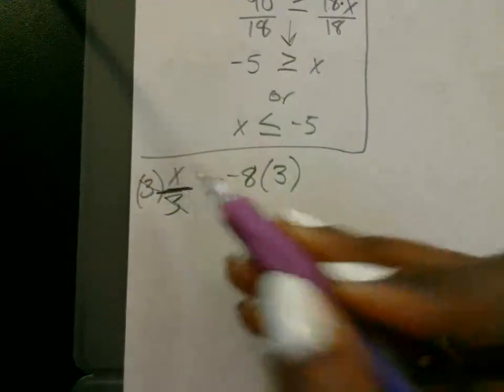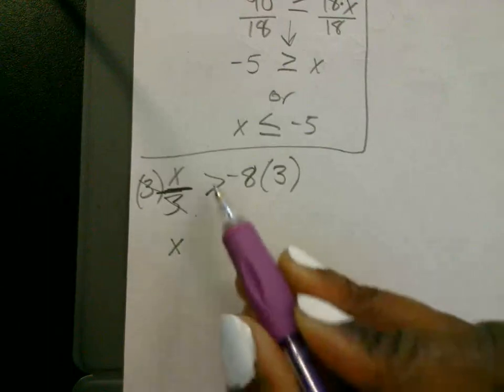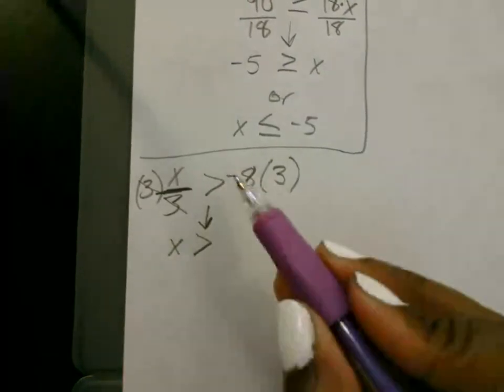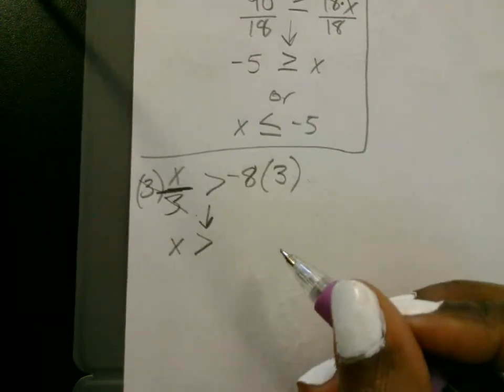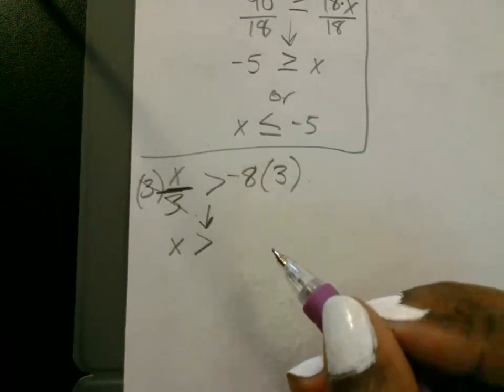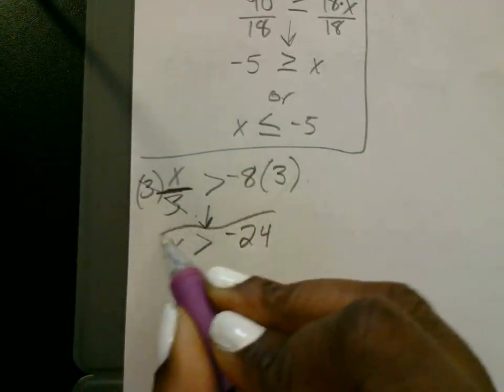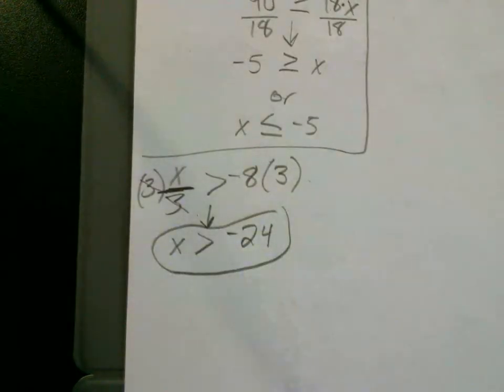This is going to cancel out, and I'm just left with the x. Bring down the greater than inequality. What is negative 8 times 3? Negative 24. Okay, so which one is that?